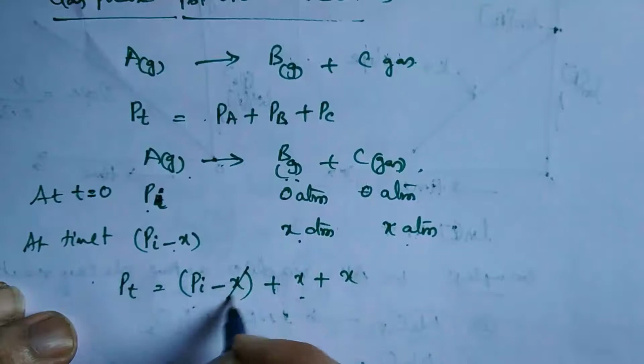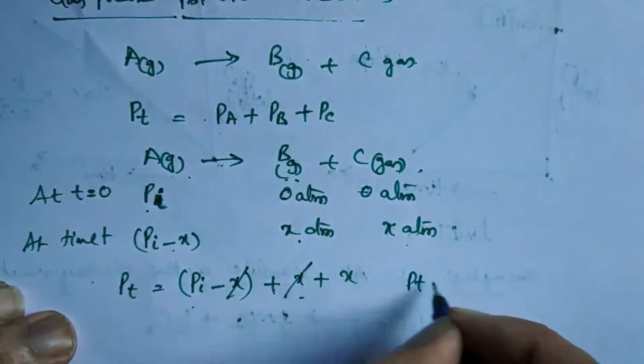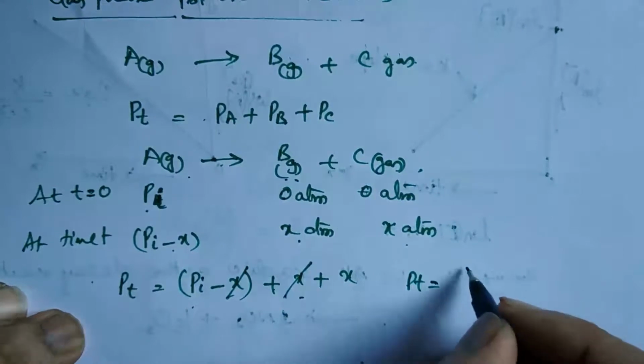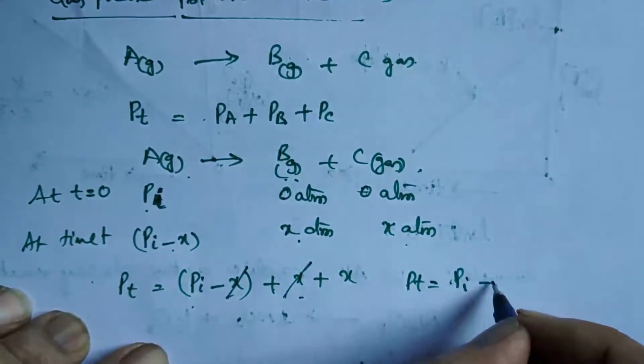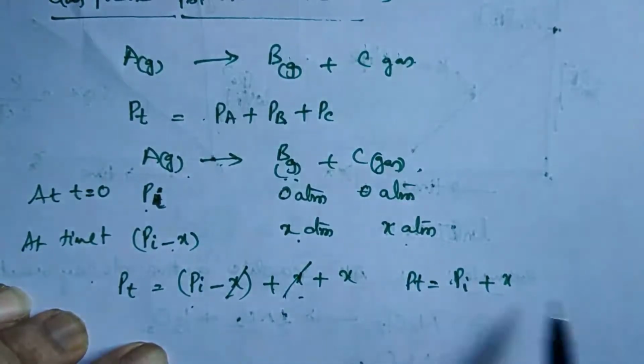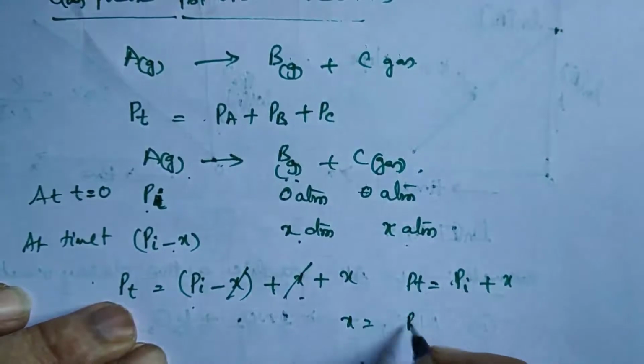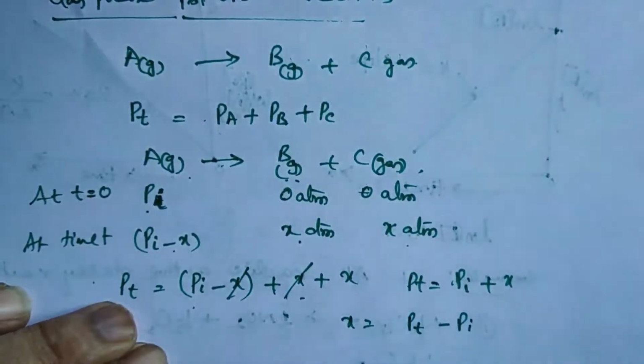So the total pressure PT is equal to PI plus X. So X is equal to PT minus PI.